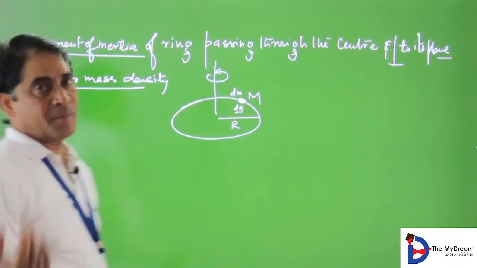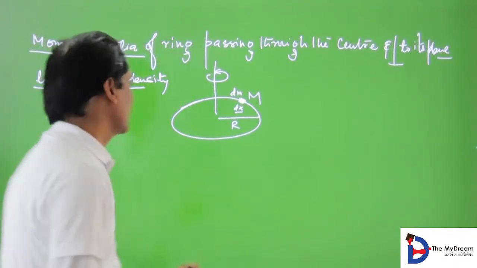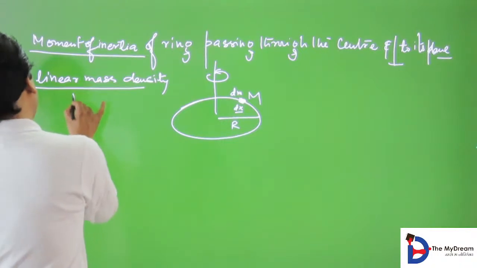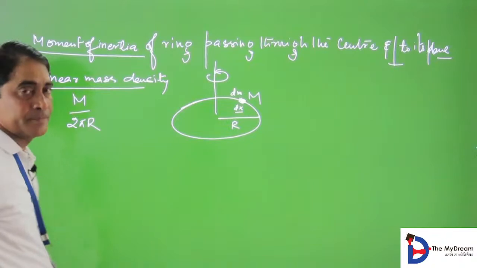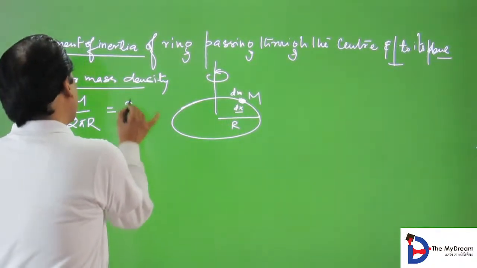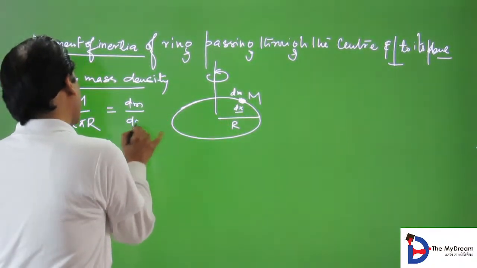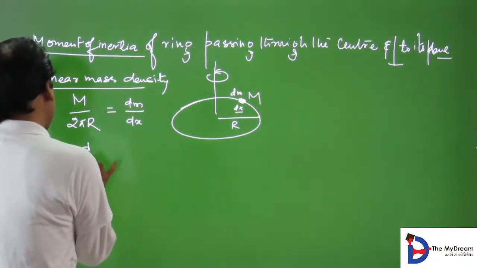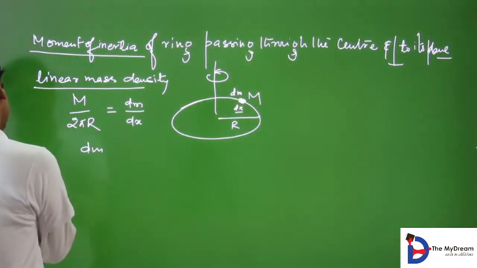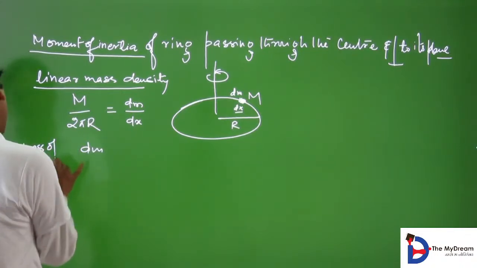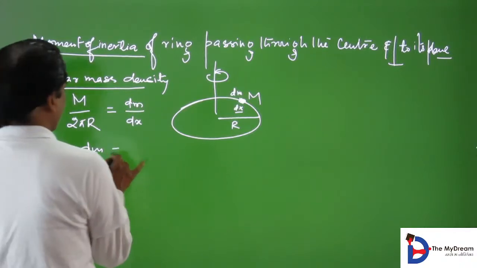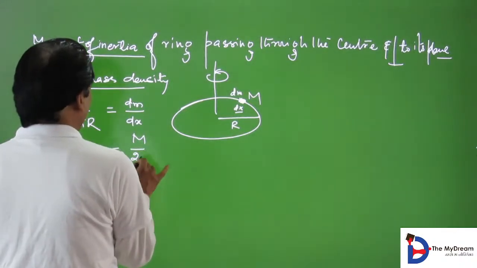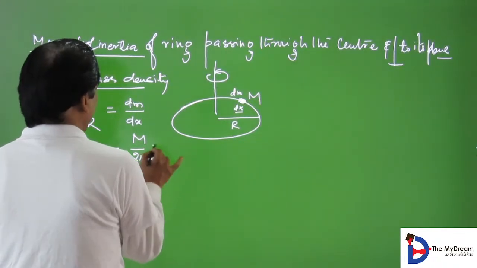Mass M is distributed over this length, and delta M, the mass of the element, is distributed over delta x. So delta M is M upon 2 pi R into dx.